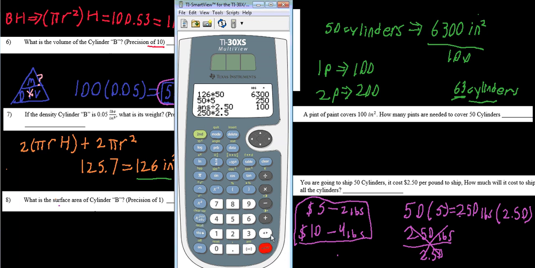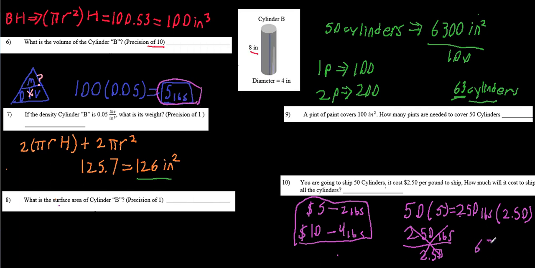And what do we get? We get $625. This number makes a lot more sense as compared to these original values that we wrote down to check our pattern.